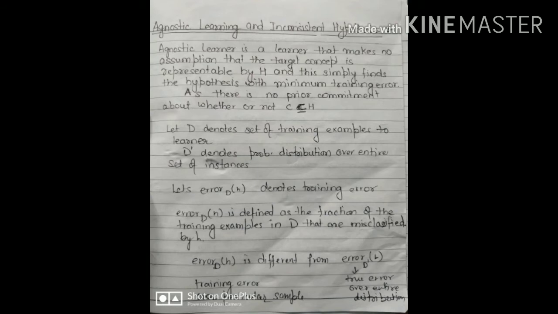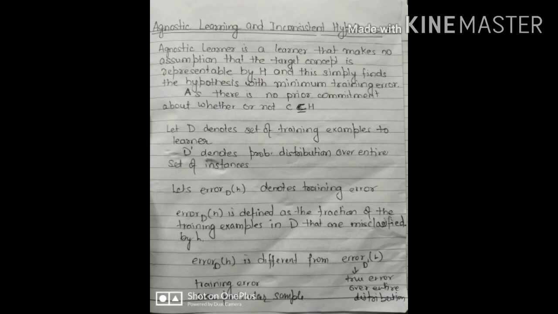Let D denote the set of training examples given to the learner, and D' a probability distribution over the entire set of instances. We define error with suffix D of h as the training error, and with suffix D' as the true error.